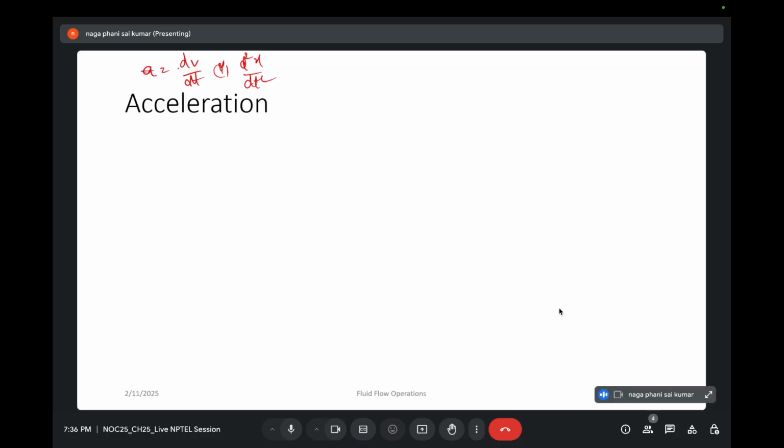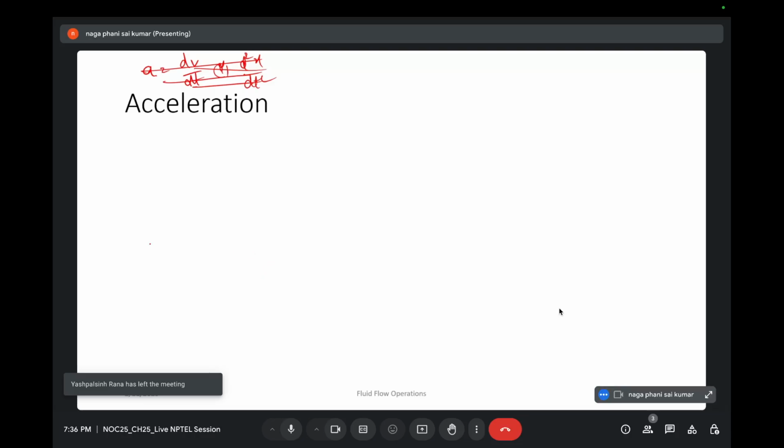Okay, same thing is valid here as well. So whenever we are calculating certain parameters, like let's say pressure or forces in the fluid motion, we need to calculate the acceleration as well, because force is nothing but mass into acceleration, right? So we need to calculate acceleration as well.